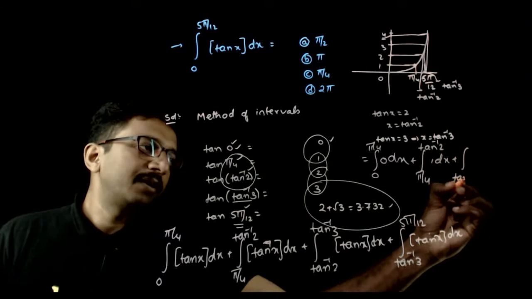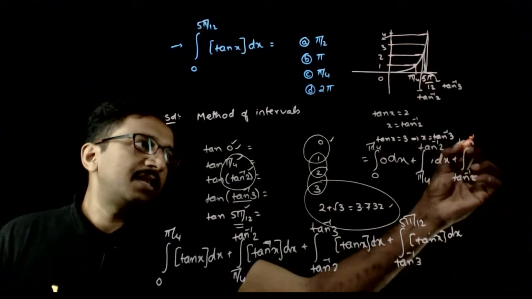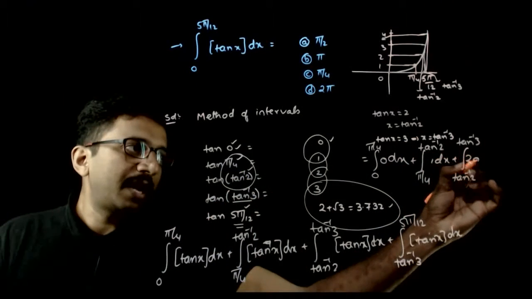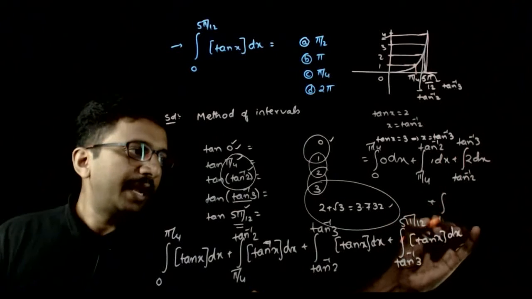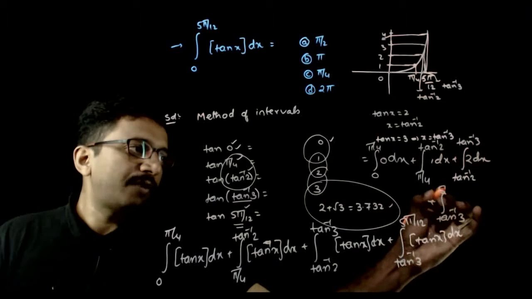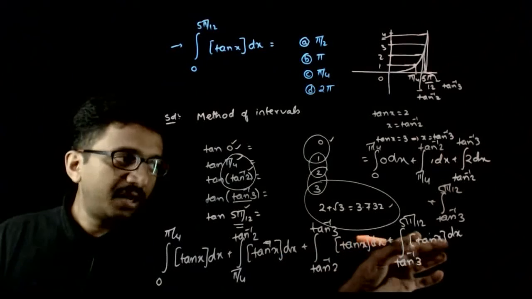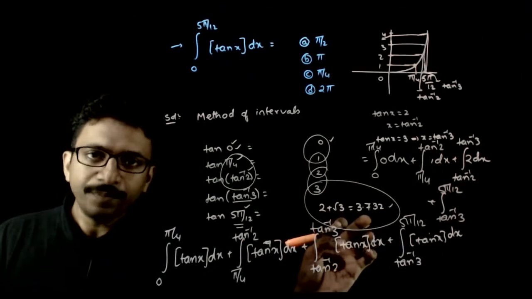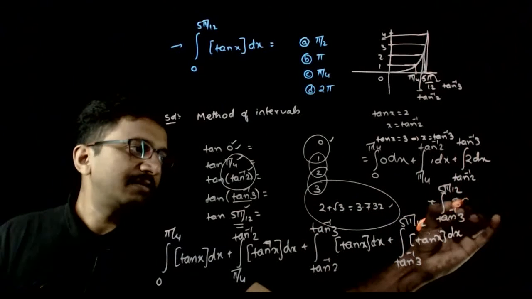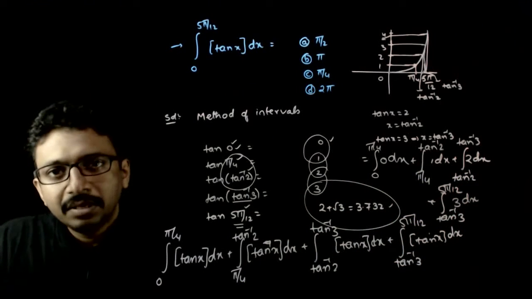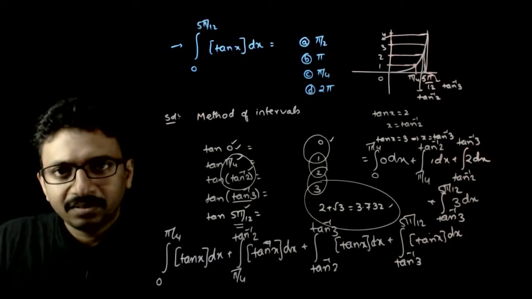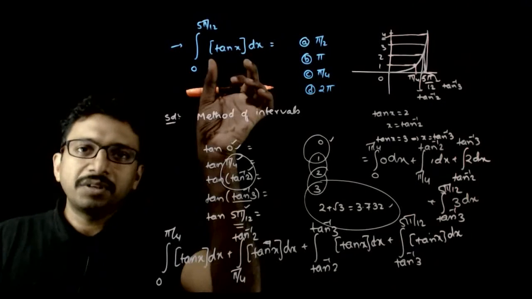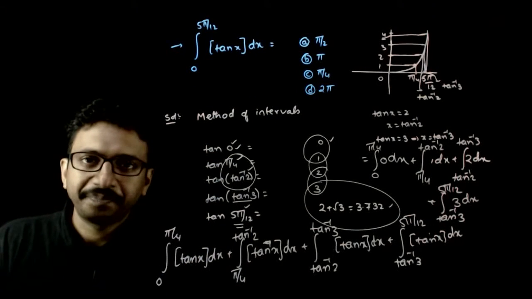Plus tan inverse 2 to tan inverse 3: tan x lies between 2 and 3, so the integer part becomes 2. And tan inverse 3 to 5π/12: tan x lies between 3 and 3.732, so the integer part becomes 3. Now this has got simplified. This is the general process we follow when you have questions based on integer part.